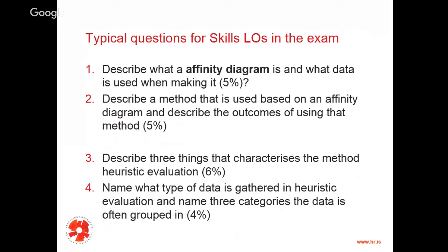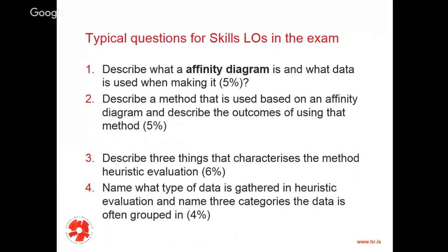And when I say describe a method, I'm actually not asking you to just say walking the wall. A method based on the affinity diagram is walking the wall, where you ask, so you have a description, not only the name. I sometimes say name a method, and then it's okay to just say the name.